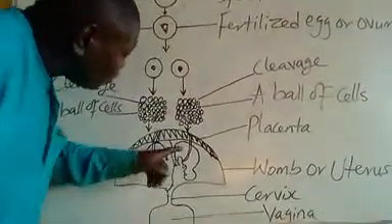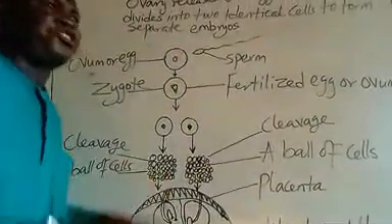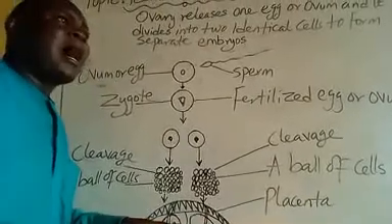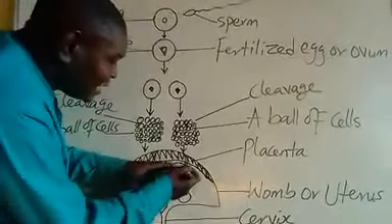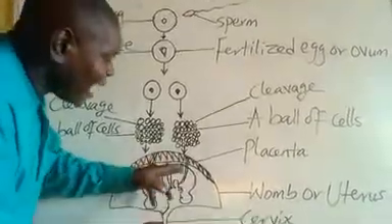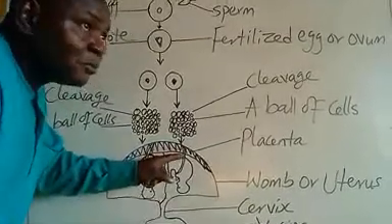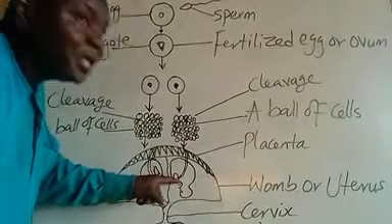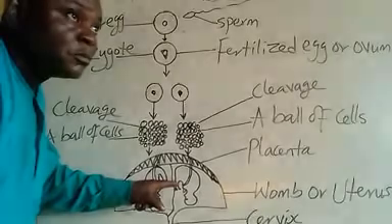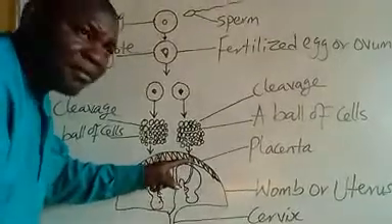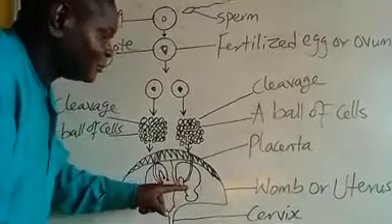The umbilical cord has a dual function. It is a channel, a tube where food and oxygen pass through from the maternal blood to the fetal blood, from the mother down to the baby.